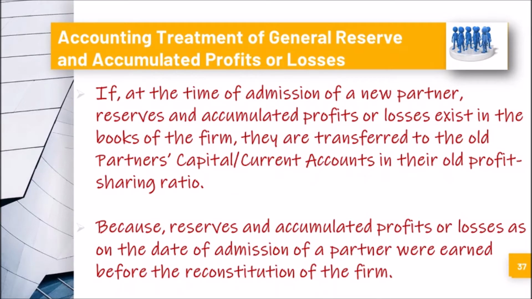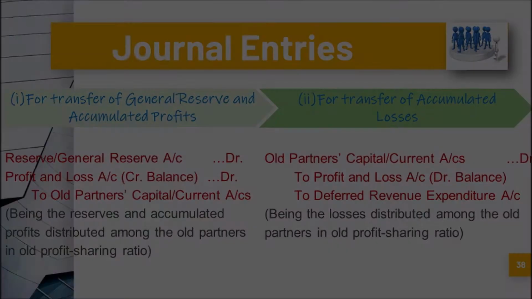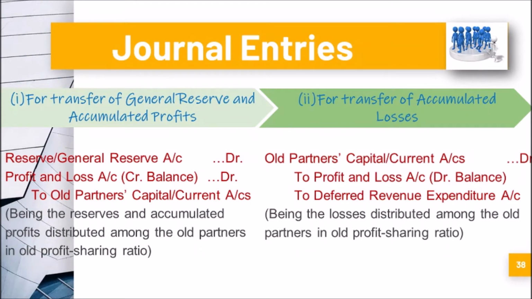The new partner does not have any right to them. That is why these are to be distributed. Now let's move further. Journal entries: for transfer of general reserves and accumulated profits, and for transfer of accumulated losses, we'll be passing separate entries.